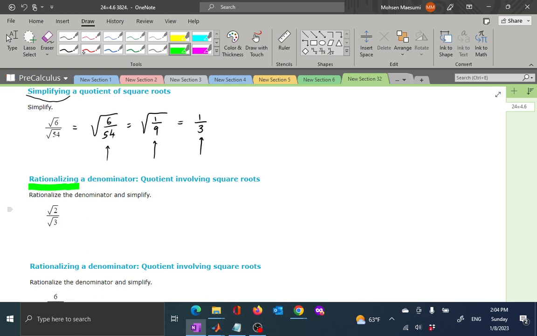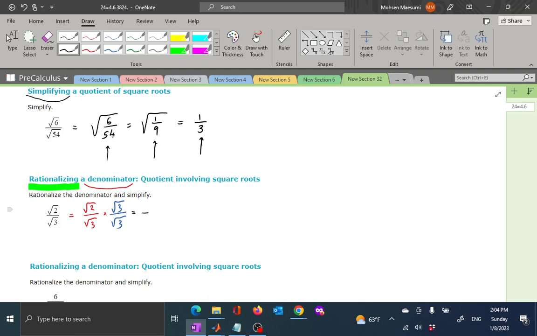How do we approach this? The simplest idea of rationalization of a denominator: if the denominator is just a simple square root, you multiply it by itself. So for radical 2 over radical 3, we multiply by a copy of the denominator in both numerator and denominator.